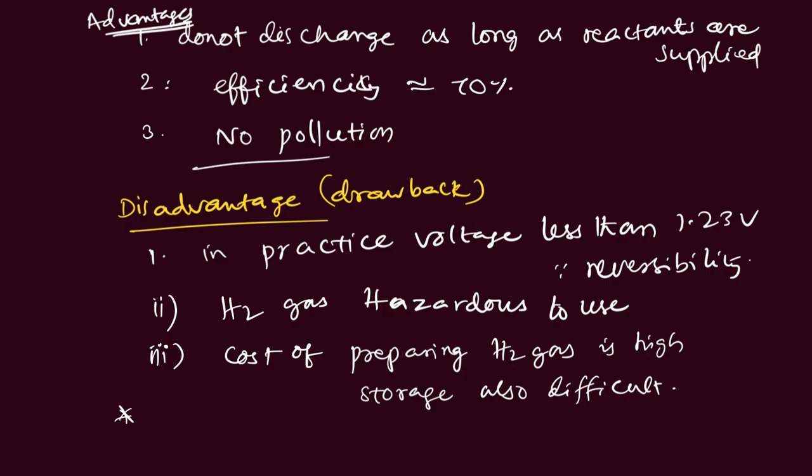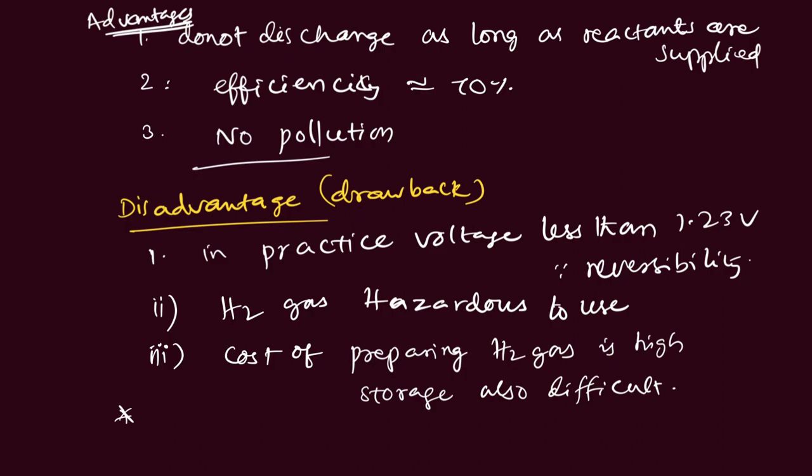What may they ask at the competitive level? Which of the following is correct about the fuel cell? You have to remember all the points. For example, one option: fuel cell efficiency is around 70%. Another option they may give is 40%.